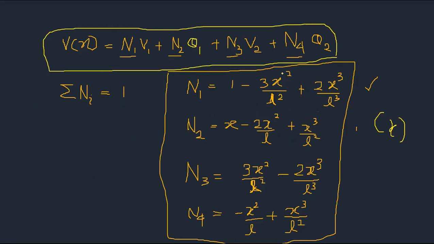So that's going to be 6 x squared first, and then second it will be like this.